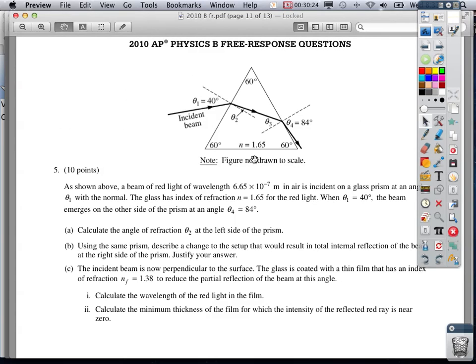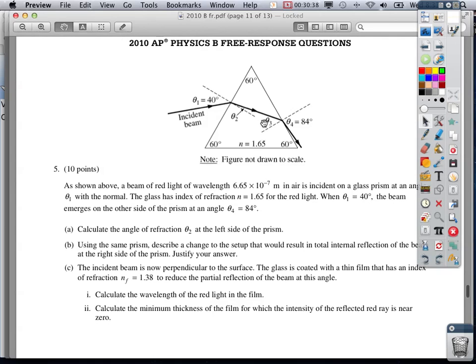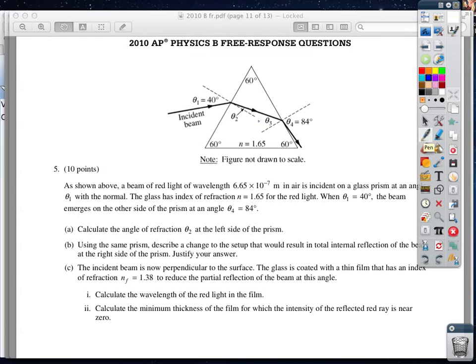So from that, because of the geometry of this triangle, I know what theta 2 is. Does that make sense? If I give you theta 3, let's say theta 3 is 37 degrees, what does theta 2 have to be? Go ahead and figure that out.